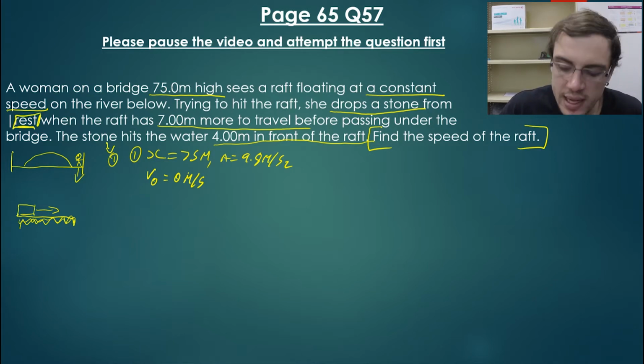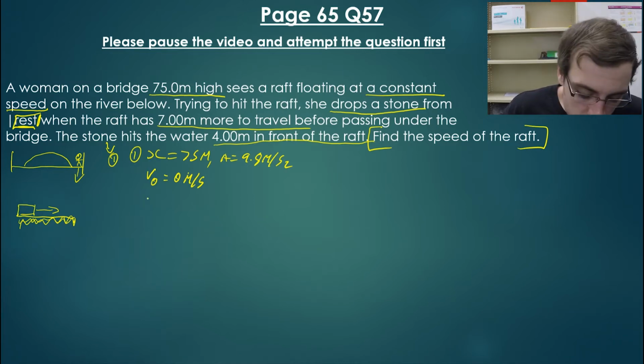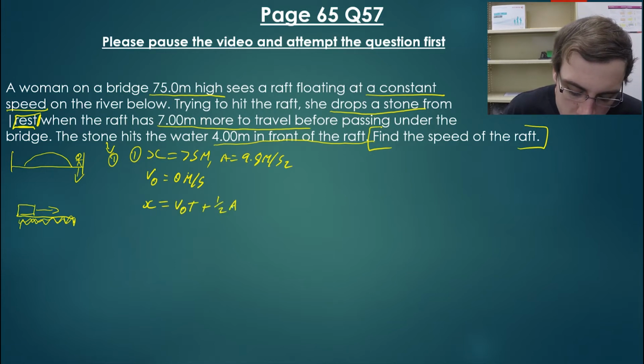So now we can calculate the time. We can go x equals v0 t plus 1/2 a t squared. We know that x is going to be 75 meters. So 75 meters is equal to v0 times time.